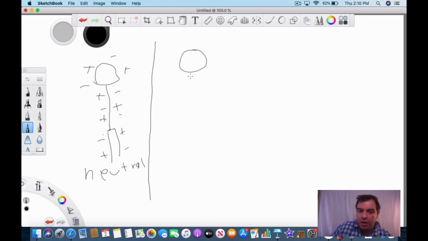If we now touch the electroscope, obviously the leaves will diverge. If we touch it right now with the lucite rod, remember what the lucite rod is? It's, of course, going to be negative. What's going to happen? Where will the electrons flow? Electrons will flow from the lucite rod to the electroscope, making this overall negative.